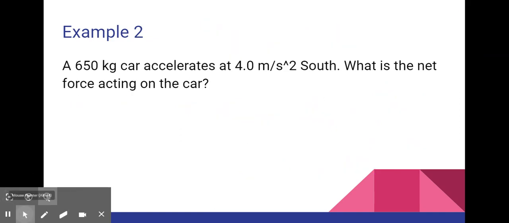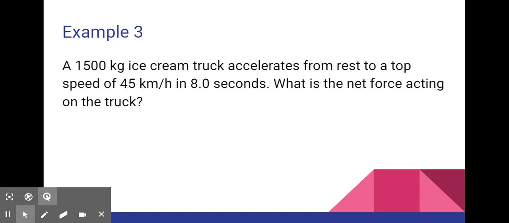All right, I've got one more example for you. A 1,500 kilogram ice cream truck accelerates from rest to a top speed of 45 kilometers per hour in 8 seconds. What is the net force acting on the truck? Okay, so we're looking for the net force of this truck that is moving in the X plane.